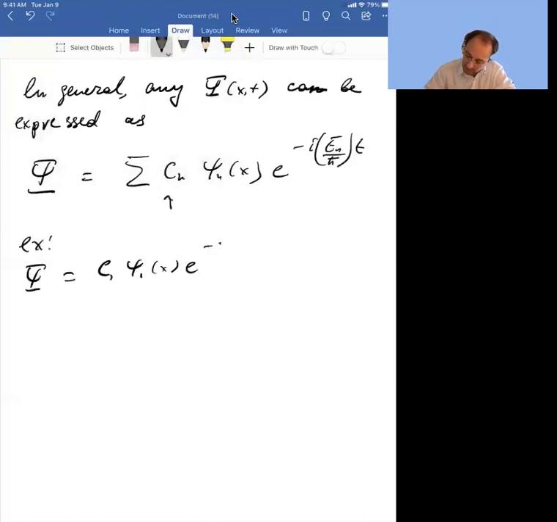E to the minus i E1 over h bar times time, plus C2 psi 2 of x e to the minus i E2 over h bar times time, plus say C7 psi 7 of x e to the minus i E7 over h bar times time.